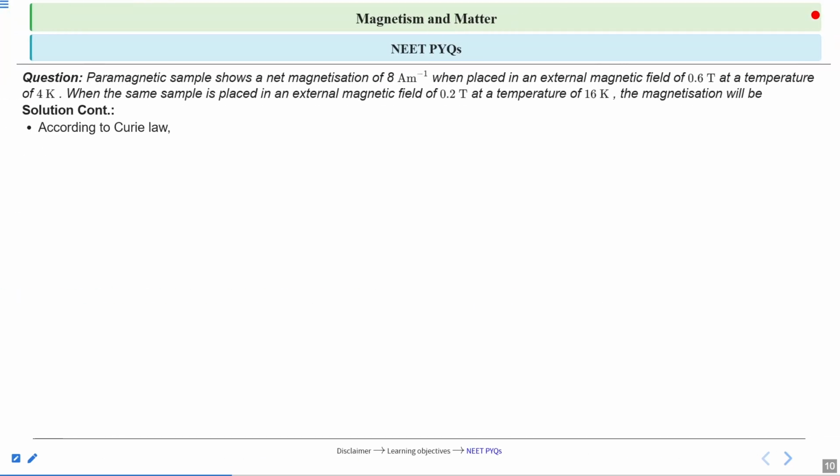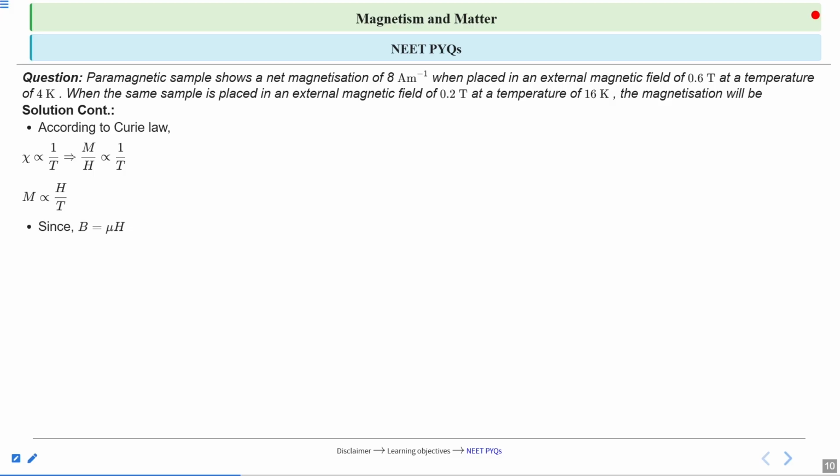According to Curie's law, magnetic susceptibility is inversely proportional to absolute temperature, which implies magnetic susceptibility, M by H, is inversely proportional to absolute temperature. After rearranging, magnetization is proportional to magnetic intensity upon absolute temperature.